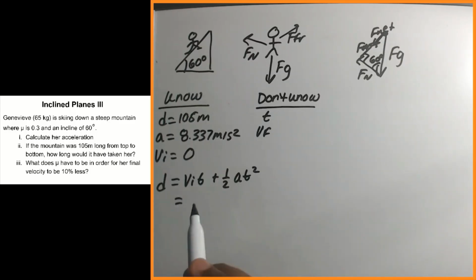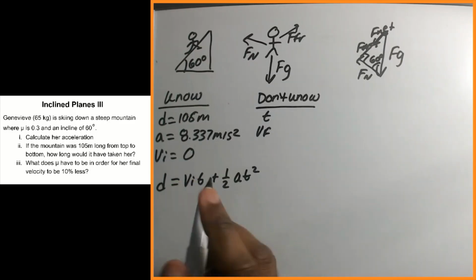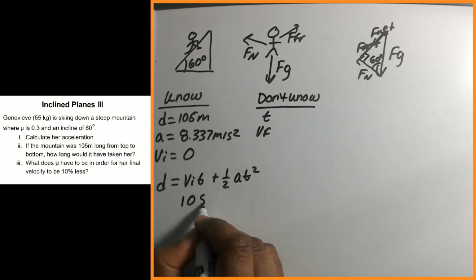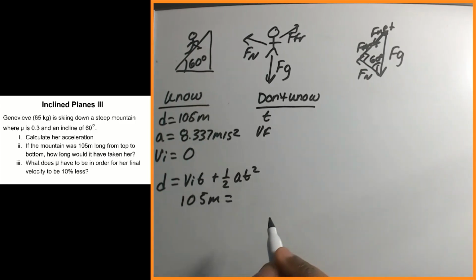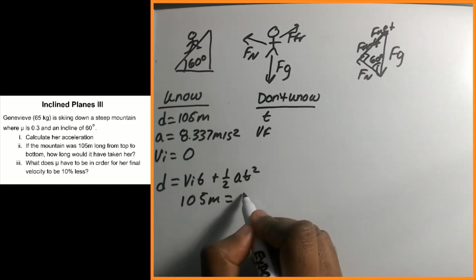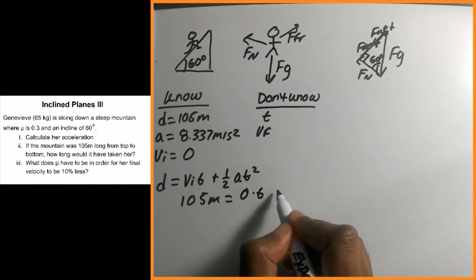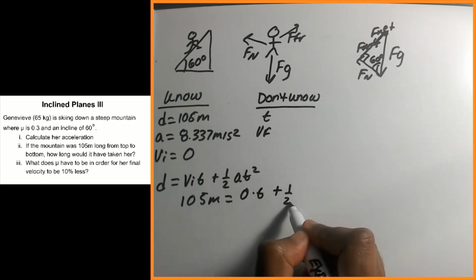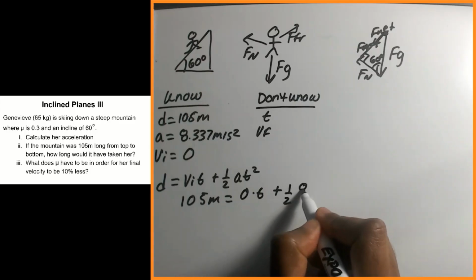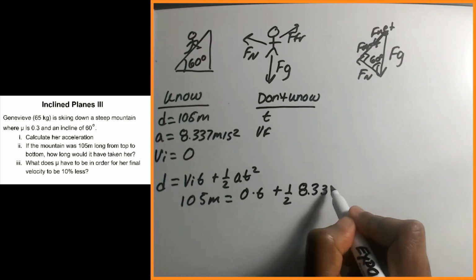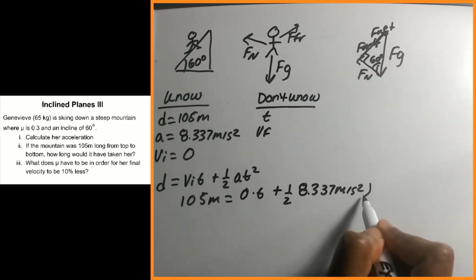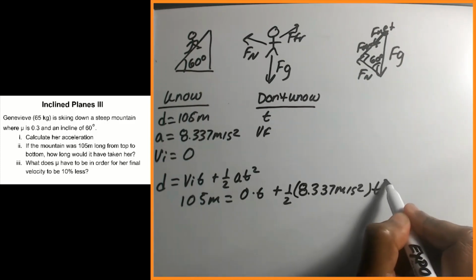Distance is 105 meters, and this is equal to 0 times t plus 1/2 at squared, so 1/2 times 8.337 meters per second squared times t squared.